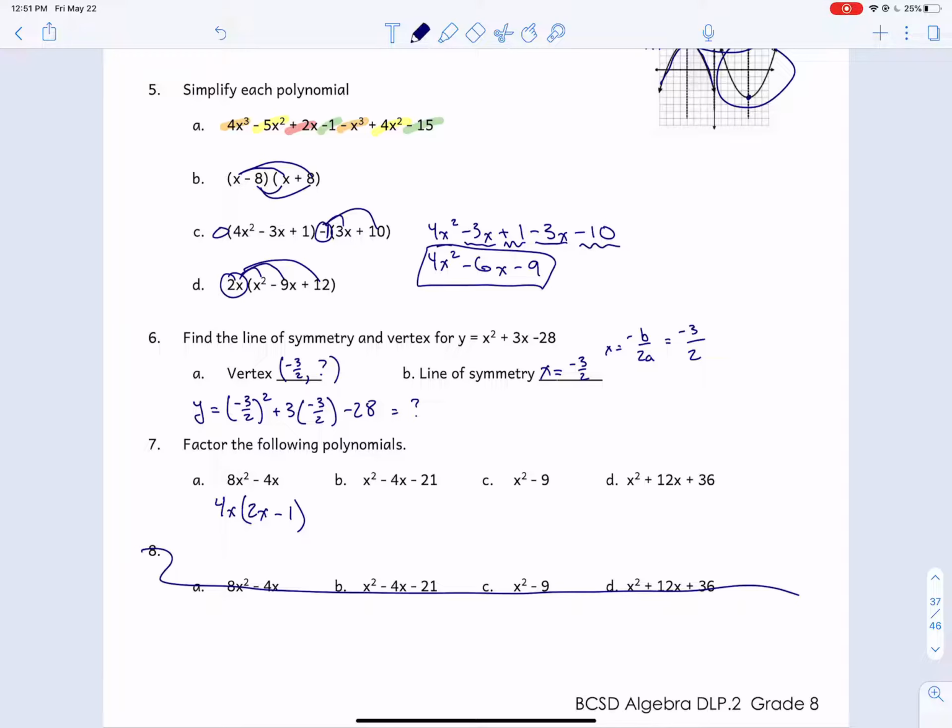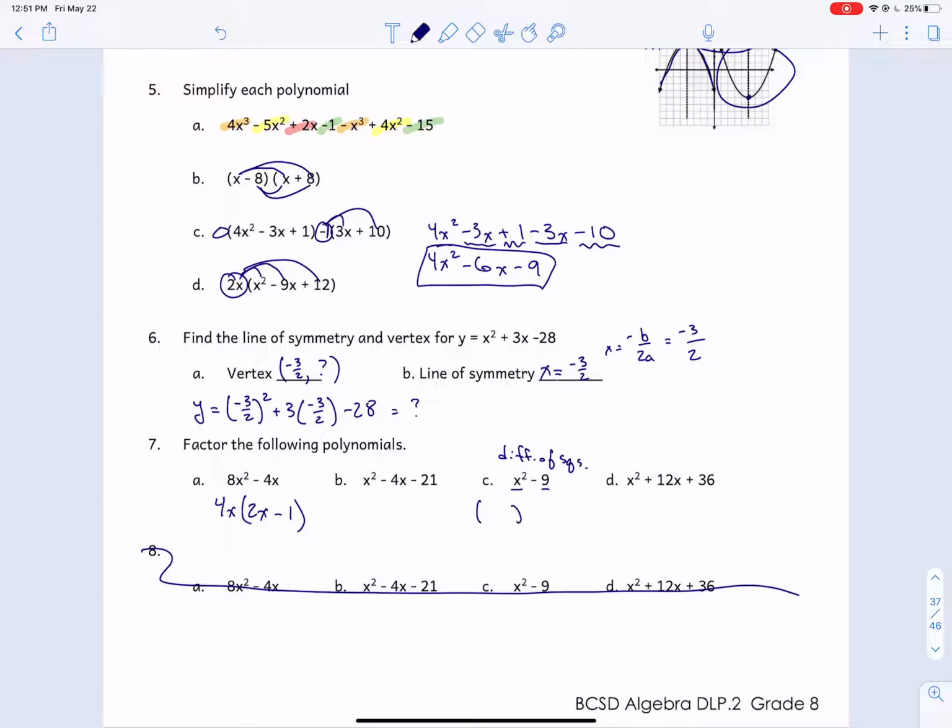Let's go to one like C. Remember C, this was a special case, so think about that. There's nothing common, right? It's a quadratic, so can we factor it? Think about this: x squared is a perfect square, and 9 is a perfect square. So this is the difference of squares.